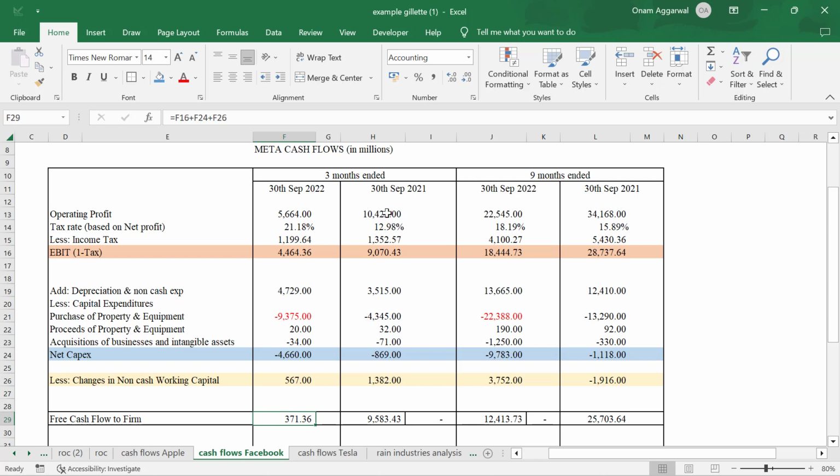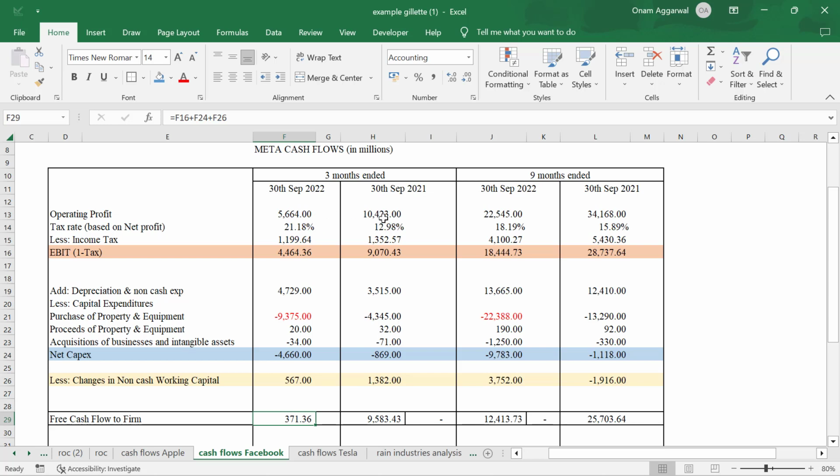But see what happened. What was the previous quarter like, the quarter ended 30th September 2021? The operating profit was huge, almost double the operating profit of 30th September 2022.